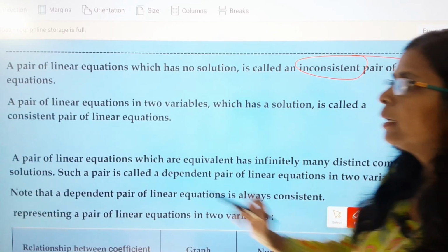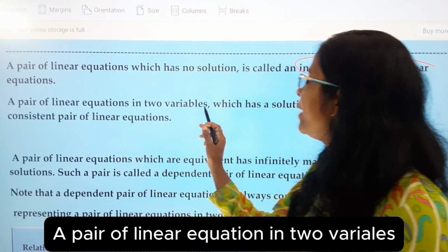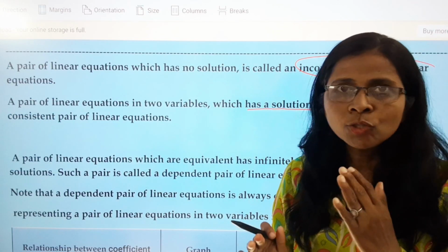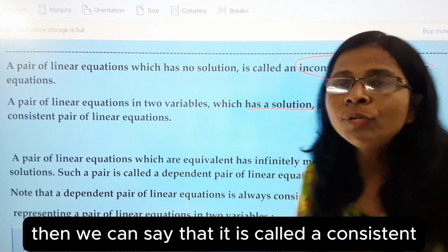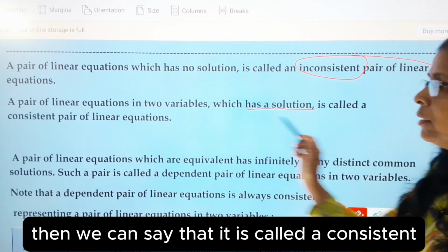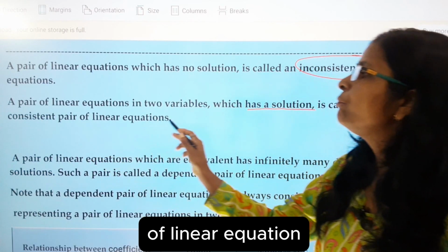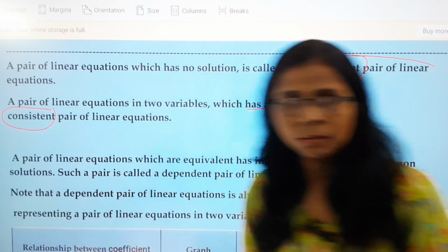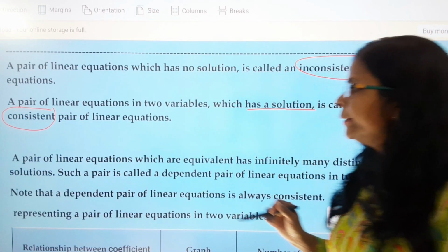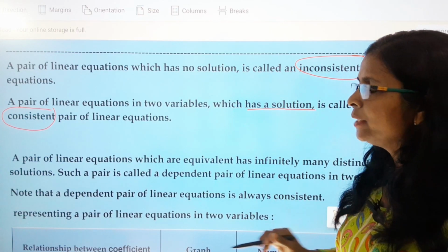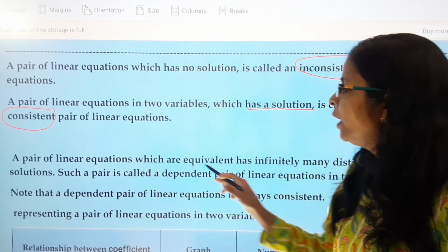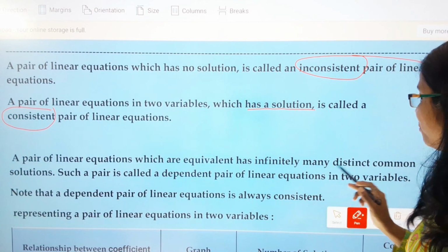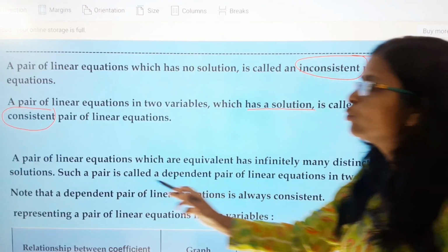Secondly, we can say a pair of linear equations in two variables which has a solution is called a consistent pair of linear equations. Then the third one: a pair of linear equations which are equivalent has infinitely many distinct common solutions.